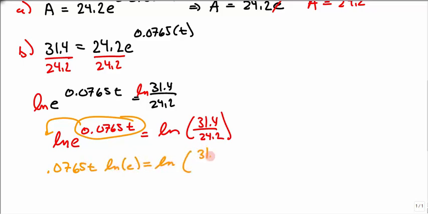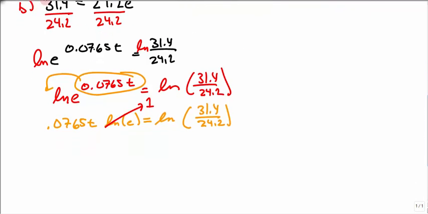After I pull that exponent out front, this is pretty straightforward to solve, because of course the natural log of e is 1. Then to solve for t, I would divide both sides through by 0.0765. Whatever you do to one side, you do to the other.